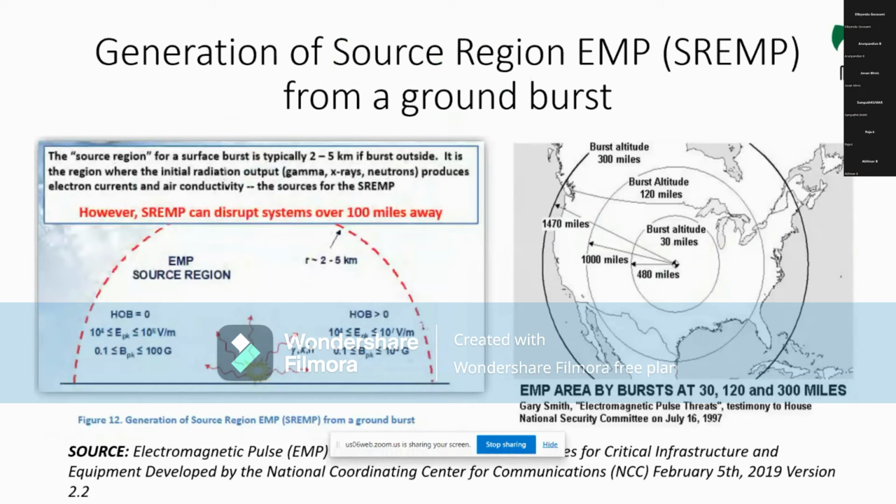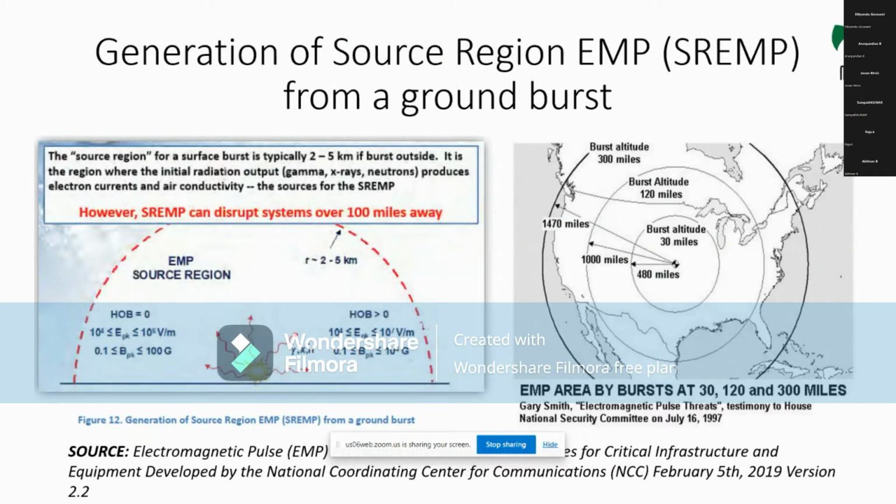As you can see in this graph, for getting affected from SREMP, that is source region electromagnetic pulse, the blast needs to happen near to you, like any nuclear accident in a nuclear power plant. But if the blast happens higher in the atmosphere, then 100 miles may get affected. That means if a high altitude explosion happens in Ukraine, even Germany may get affected.